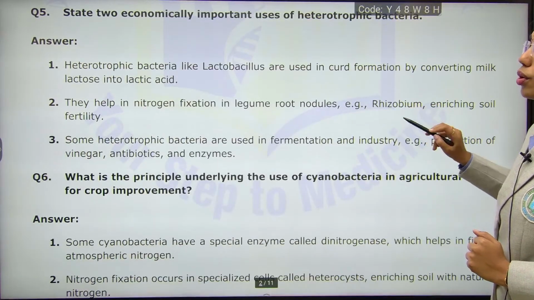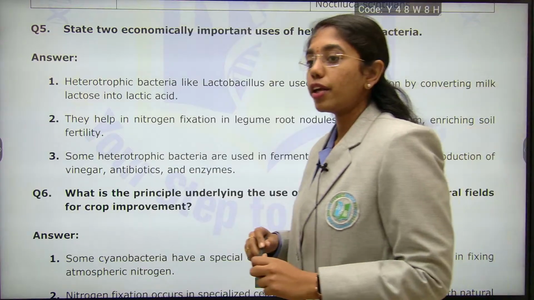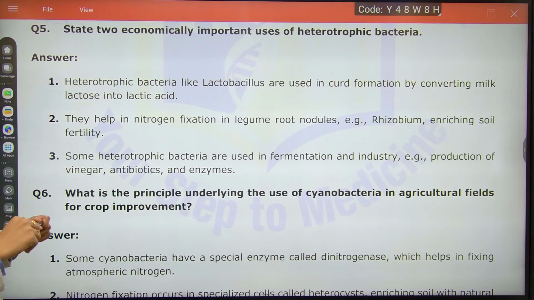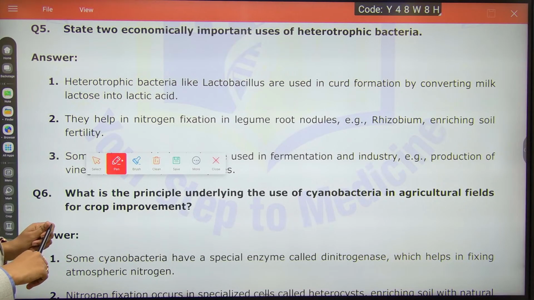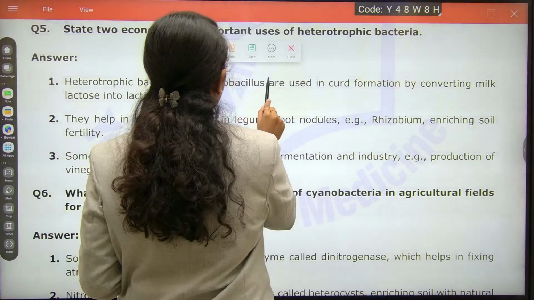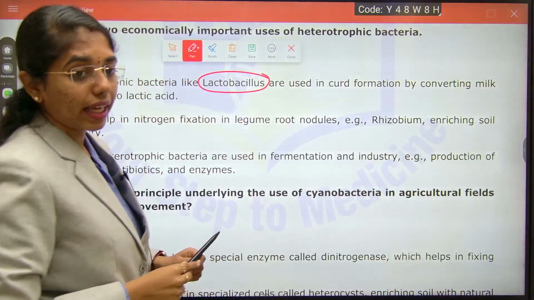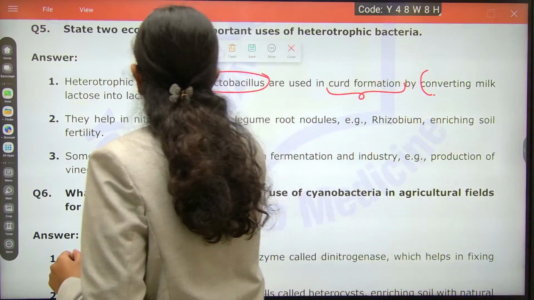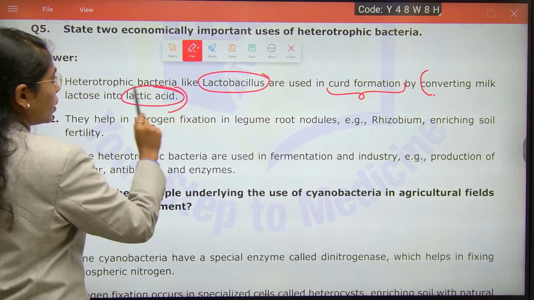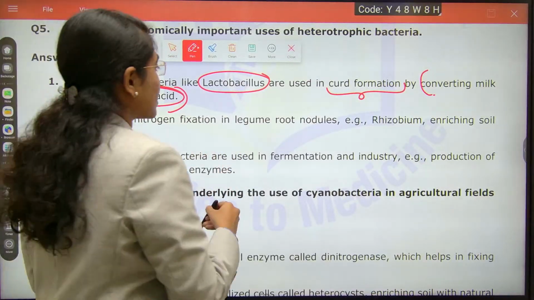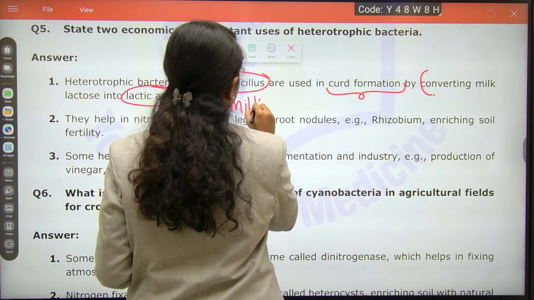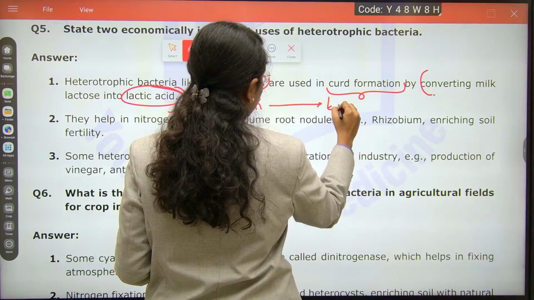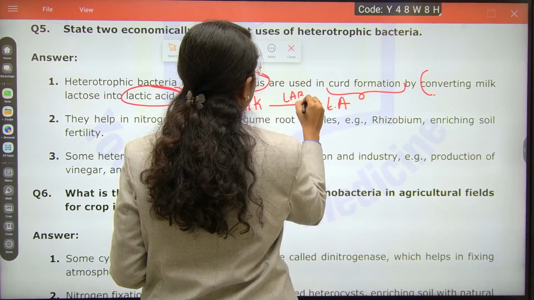Next, two economically important uses of heterotrophic bacteria. Heterotrophic bacteria like Lactobacillus are used in curd formation, that is converting milk to lactic acid by lactic acid bacteria.